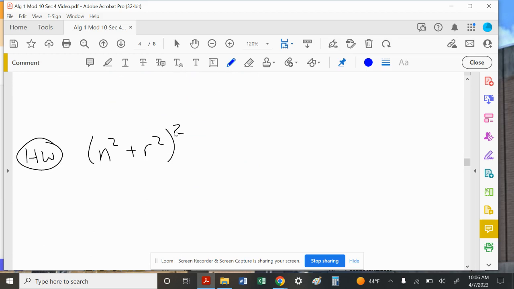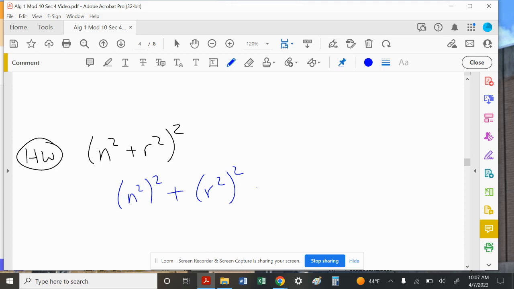And finally, I think this is the last problem. We have n squared plus r squared, so n squared plus r squared, squared. So this goes back to the first rule, which was in the last video. We are going to have n squared squared plus r squared squared. So we can distribute that through.